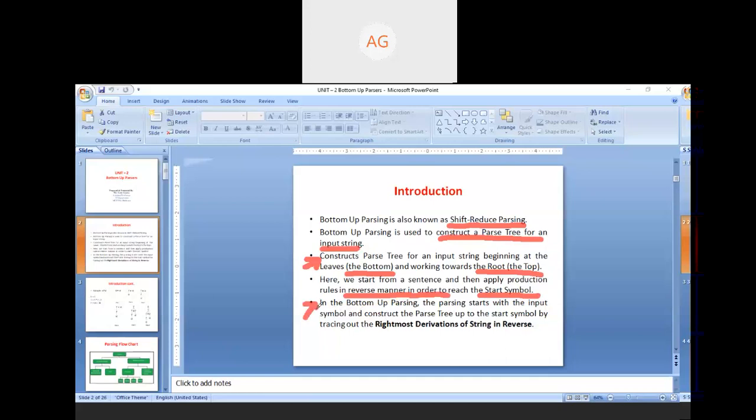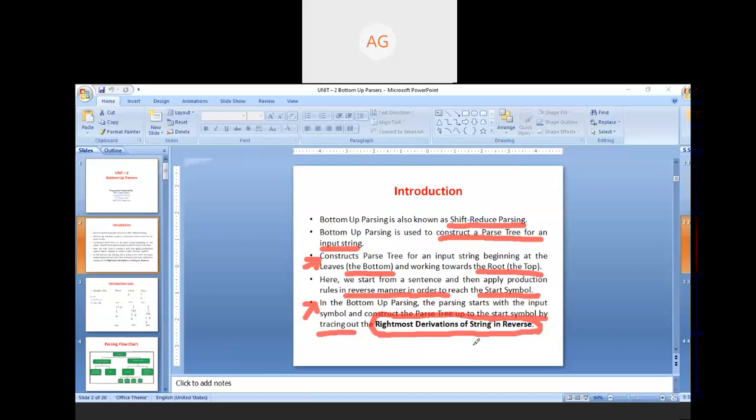Basically in bottom-up parsing, the parsing starts with the input symbol and constructs the parse tree up to the start symbol by tracing out the rightmost derivation of a string in reverse. You need to remember this, because it was asked many times in competitive exams: what is the method of moving in the bottom-up parsers?